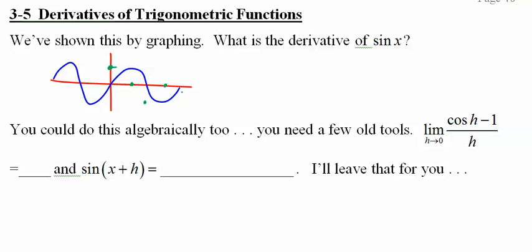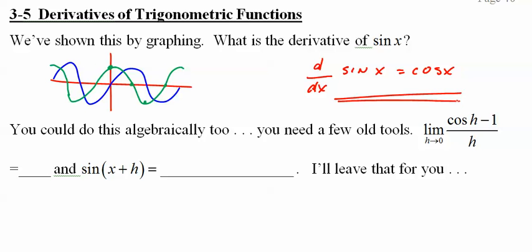And you can quickly see how something like that. The derivative of sine of x is cosine of x. This opens up a whole world of additional derivative problems we can do.